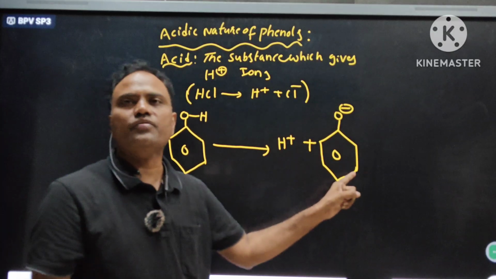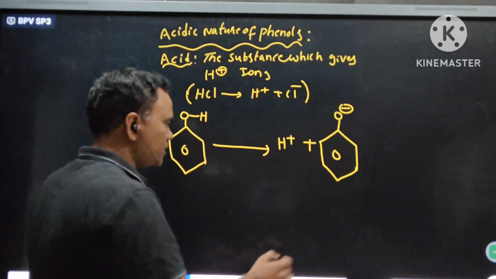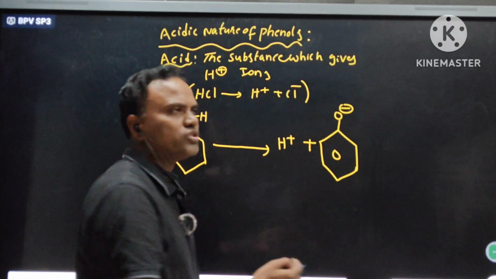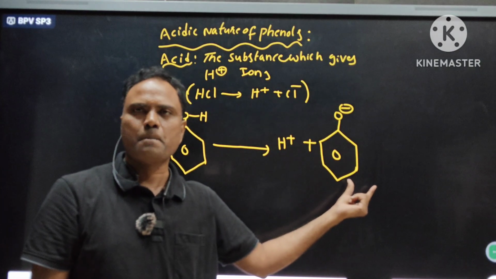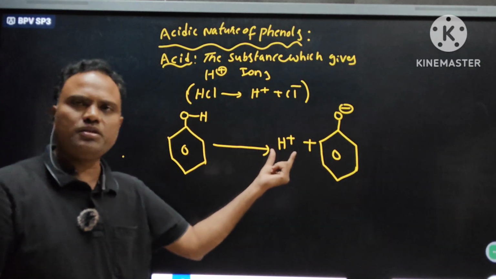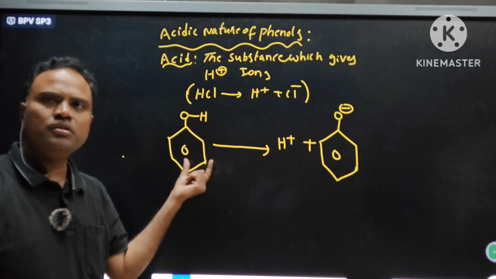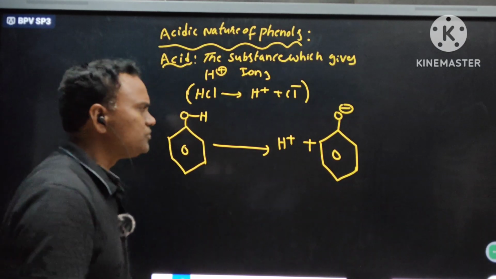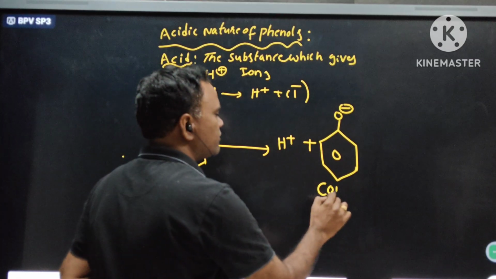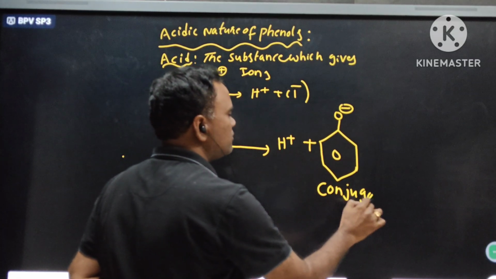This is called the phenoxide ion. Its name is also very important. This is actually the conjugate base. The negatively charged species after removal of H plus from the acid is called the conjugate base. First year only, conjugate base.